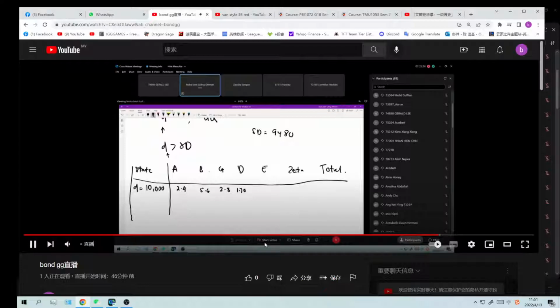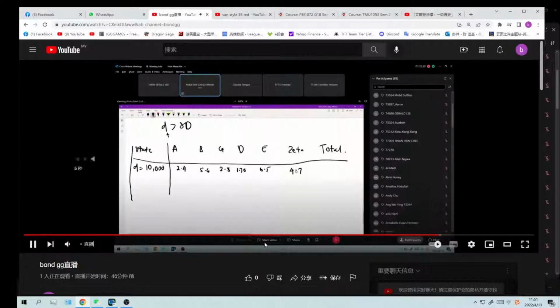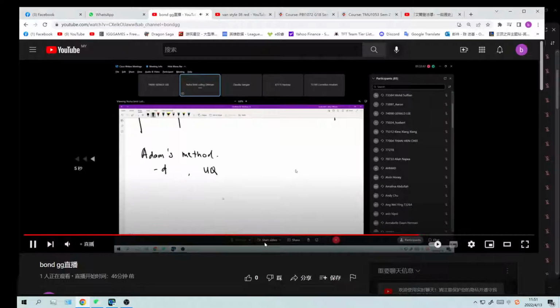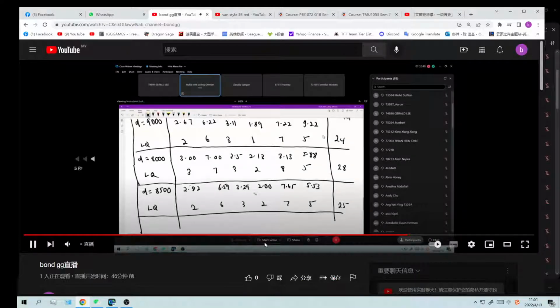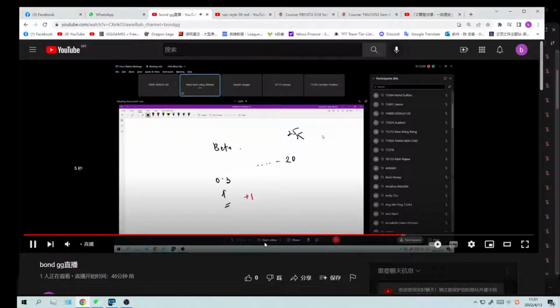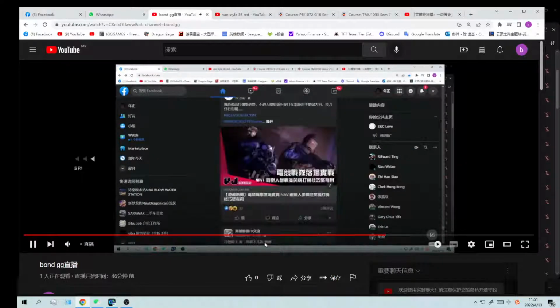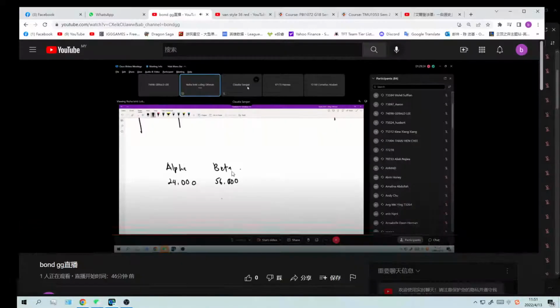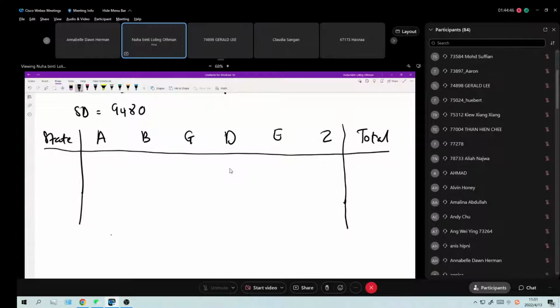Okay, and then you know that you have the states, population. Okay, population as you already know. Okay, and then let's say, okay, the standard divisor is this one.